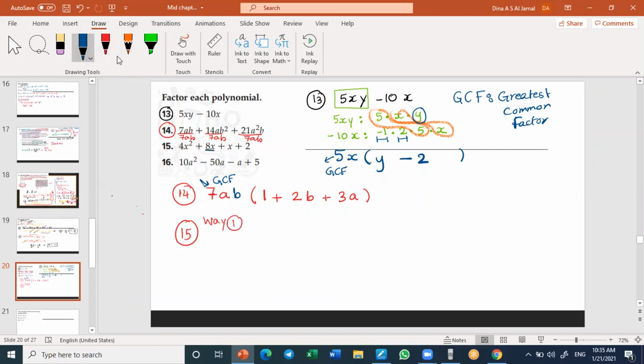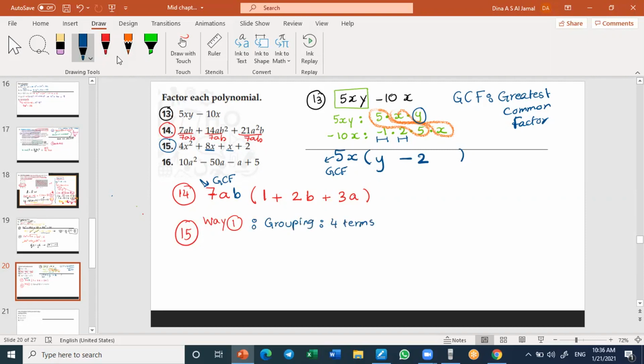I know some of you will think that we have like terms here. Am I going to add them? First of all, let's solve it once without adding. Another time we will add them and see the difference between the two ways. So in way 1, I will be using grouping because I have 4 terms.